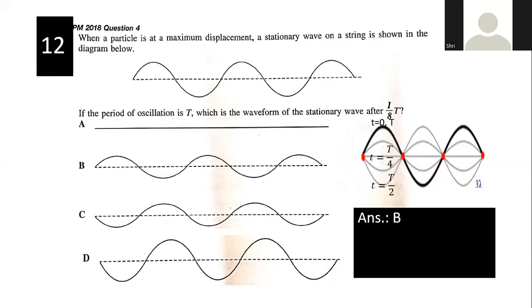From there to the minimum position is another quarter. And from the minimum to the rest position, another quarter. And from the rest position to the maximum is another quarter. So it goes from maximum to rest position, a quarter. Then it goes down, another quarter, which is now half. Then when it comes back to the rest position, another quarter, so it's 3/4. Then when it goes back to the top, that is the full period.